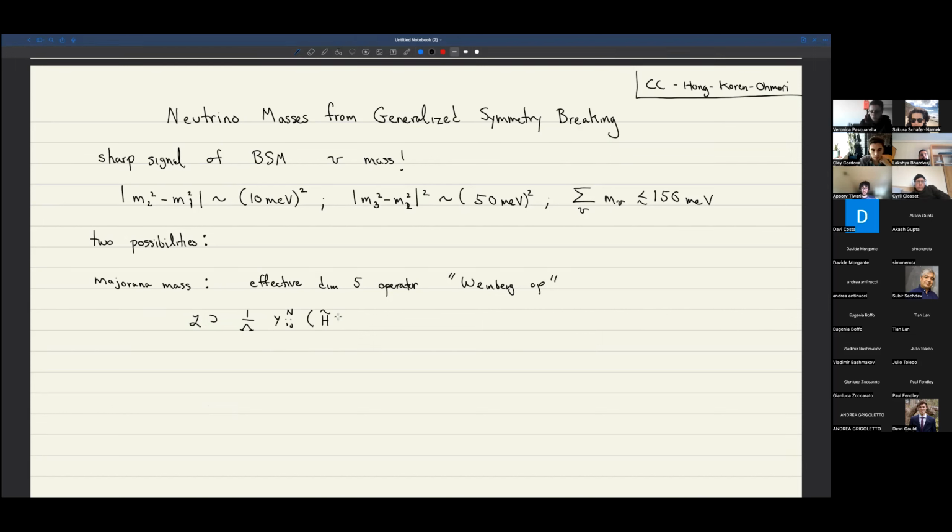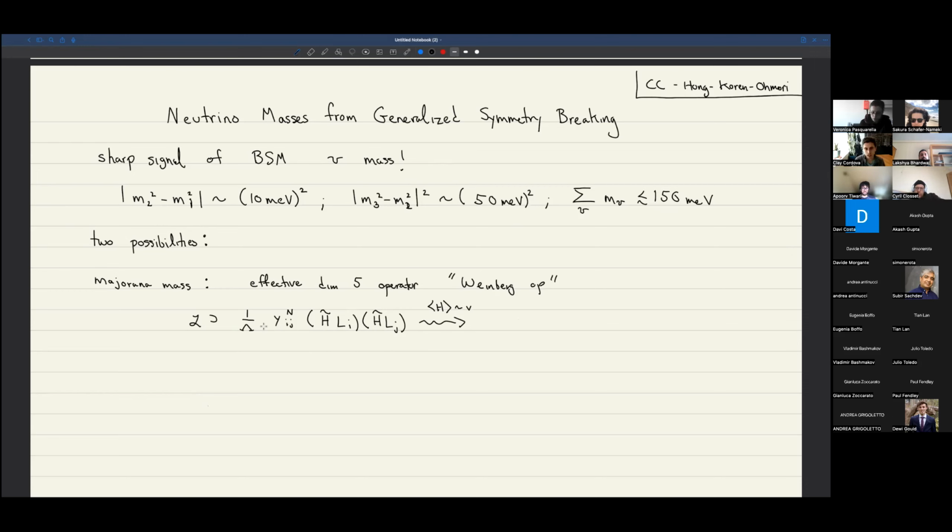And then you couple the Higgs field H, or its dual H tilde, to the lepton fields capital L, which are SU(2) doublets. And then the Higgs field gets an expectation value, which is of order v.